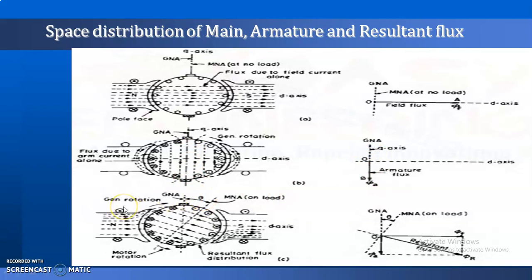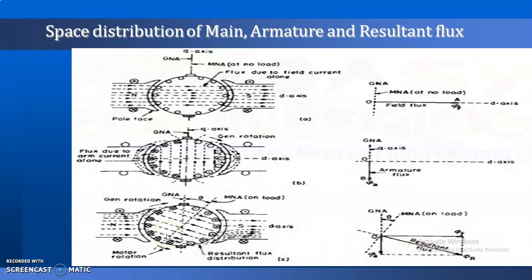Now when both the armature and field windings are excited, the armature flux is perpendicular to the field flux, that means the armature flux crosses the main field flux, so the nature is cross-magnetizing.